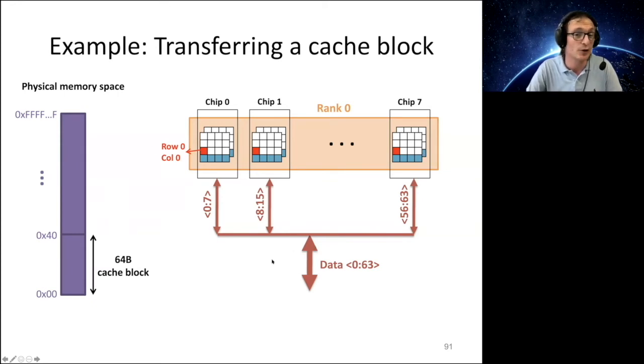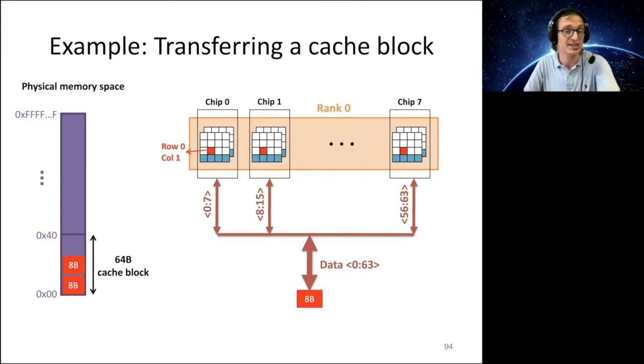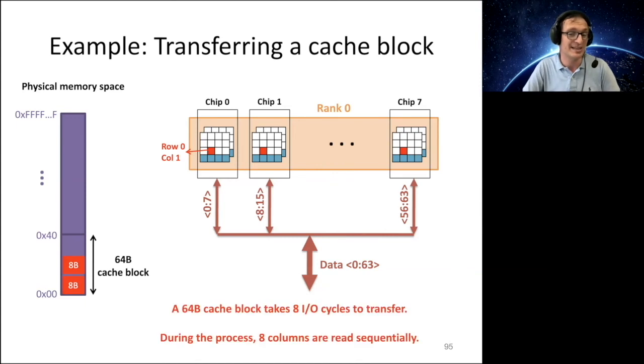So you get 64 bits out, okay? 64 bits, that's nice, but our cache block, as I said, is 64 bytes. So what do you do? You read the next 8 bytes after you read the first 8 bytes. So you keep reading 8 bytes from consecutive locations to get 64 bytes in the end. Which means that a 64-byte cache block actually takes 8 I/O cycles to transfer.